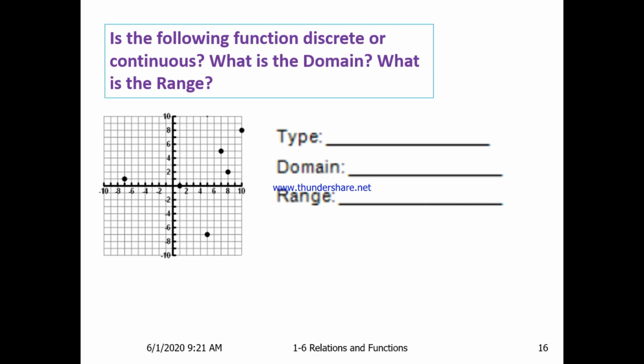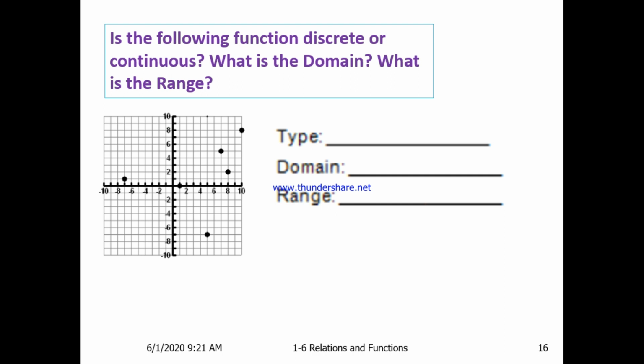So there are only two things that you need to remember: discrete and continuous. It will be easy for you to identify a graph which is discrete and continuous if the graph is not connected, meaning there's no line, there are only points there. It is discrete. While if the graph is connected, it is continuous.